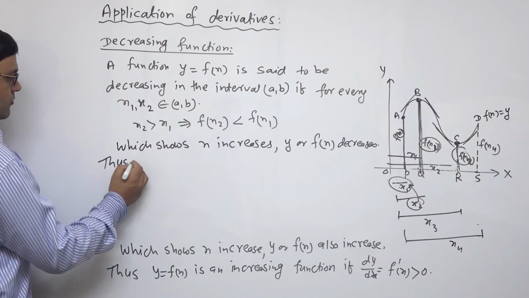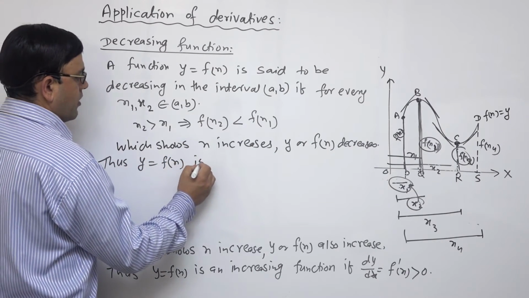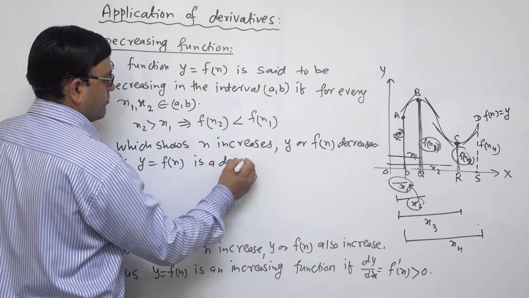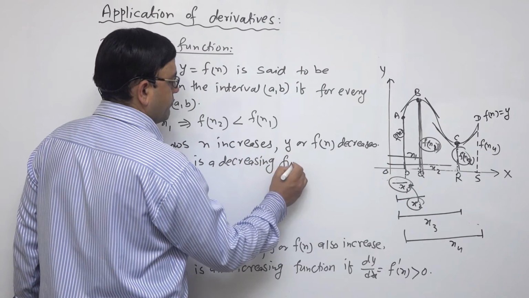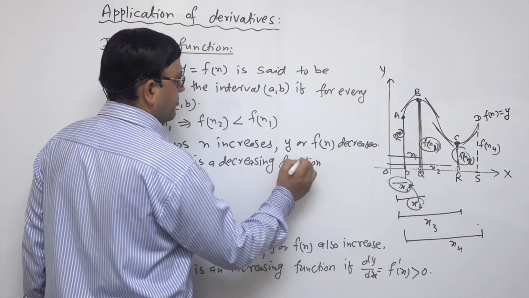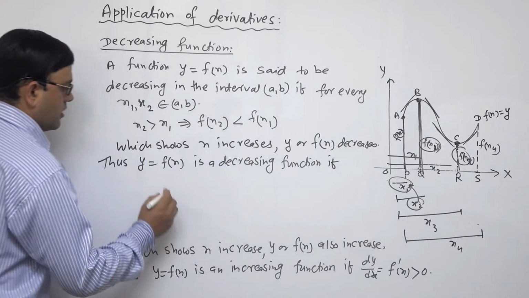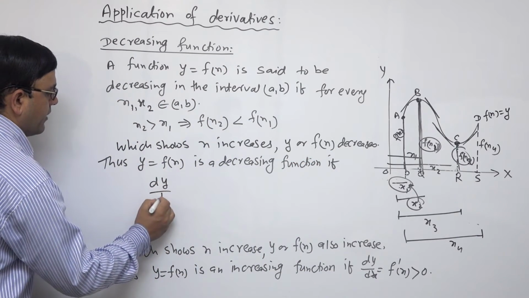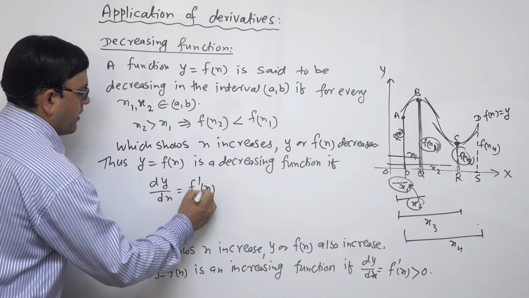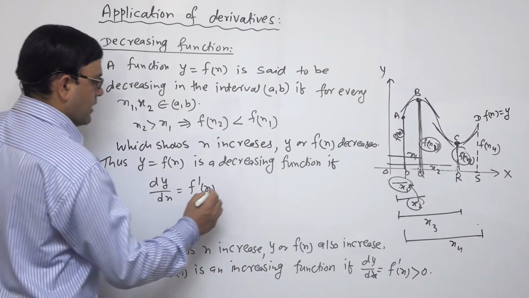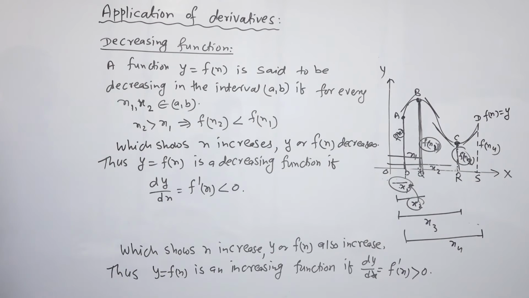Thus y is equal to f(x) is a decreasing function if dy by dx is equal to f dash x, which is less than 0. This is the definition of decreasing function.